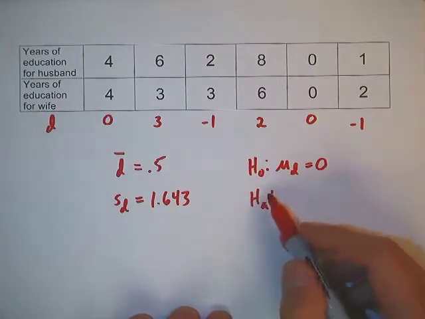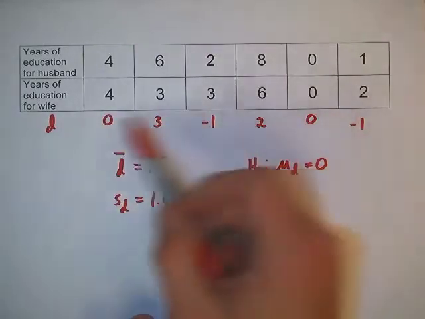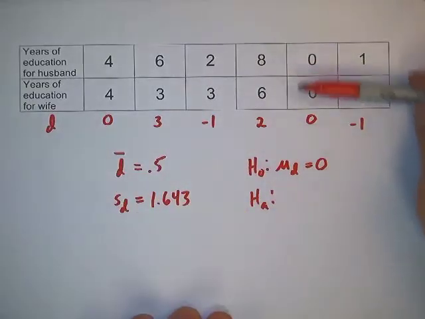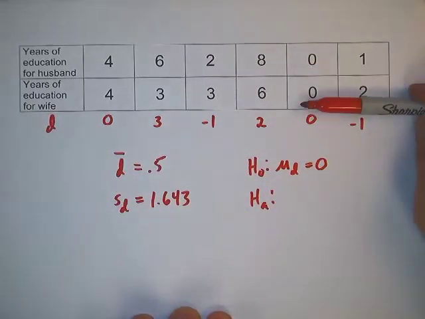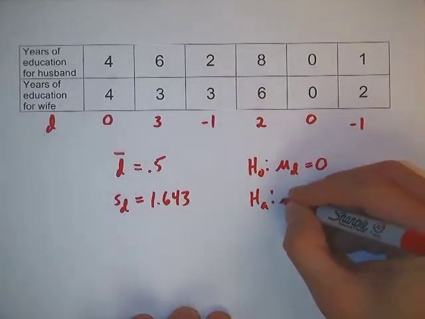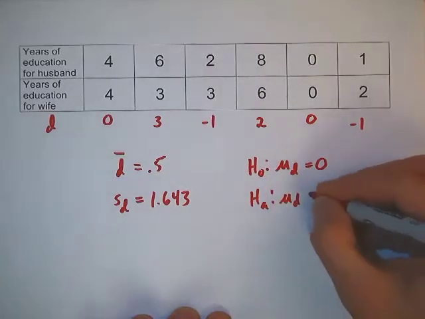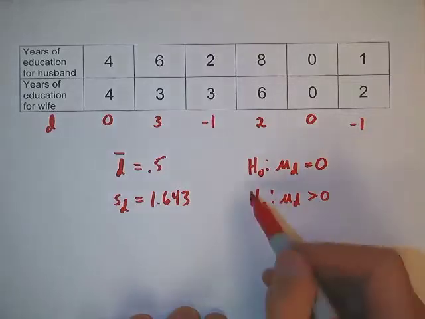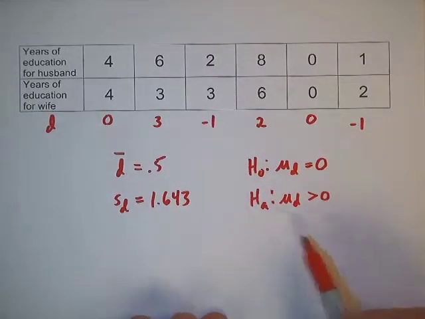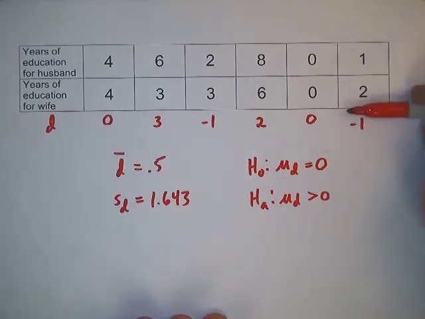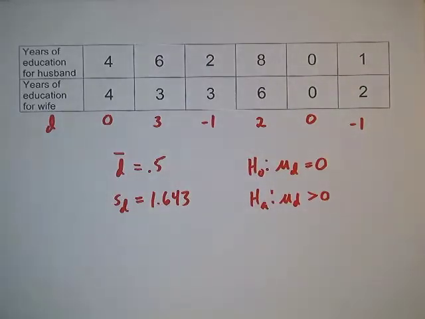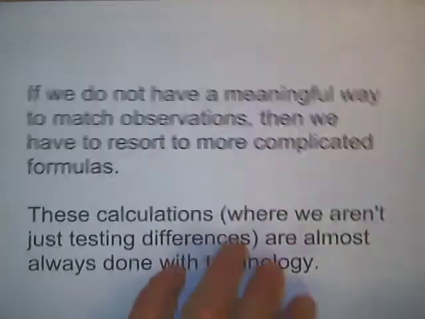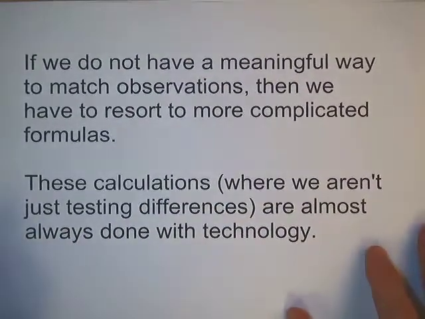For my alternative hypothesis, I'd probably make a hypothesis that the men have slightly more years of education than the wife. So I could say that mu sub d is greater than 0. If I have evidence for my alternative hypothesis, I'd be able to say that there's a positive difference between husbands' years of education and wives' years of education. That's just a way of structuring your hypotheses for a type of test like this. I'm not going to actually do the test, but that's how you'd set that up.